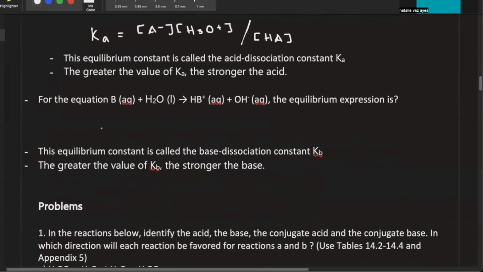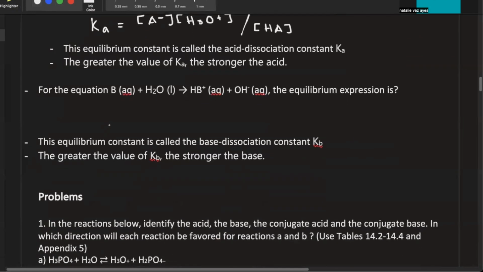Now we can do the same thing for Kb. We're going to look at this. So we have our products, HB, and the concentration of OH minus.